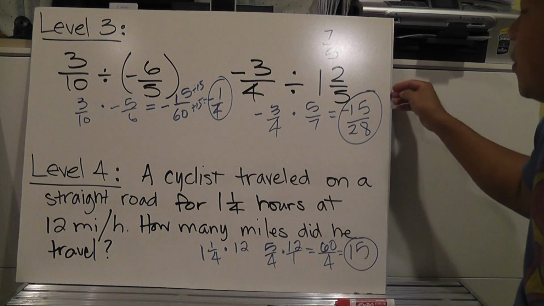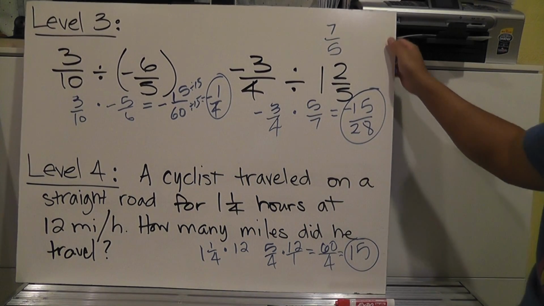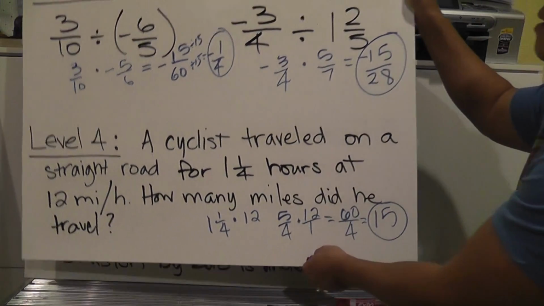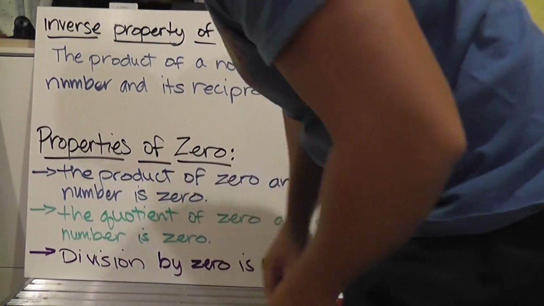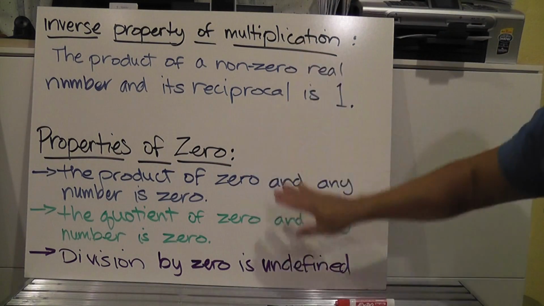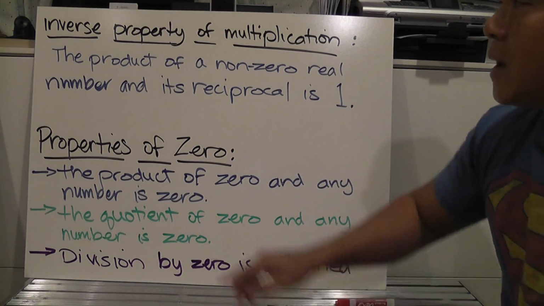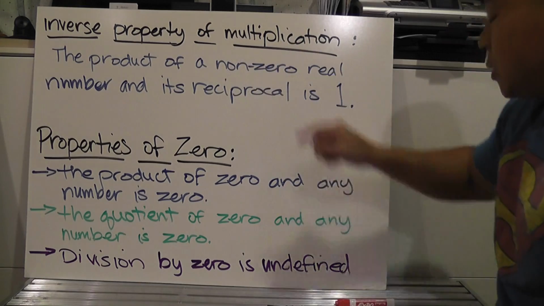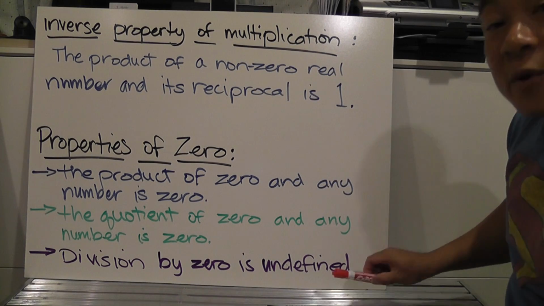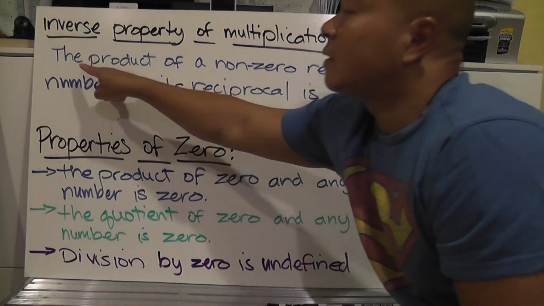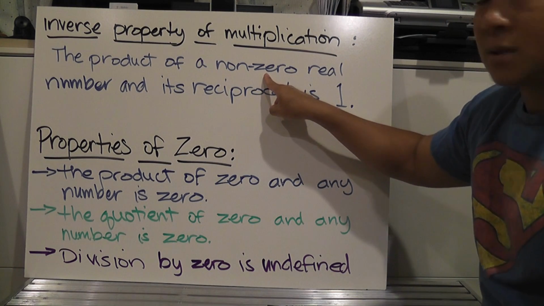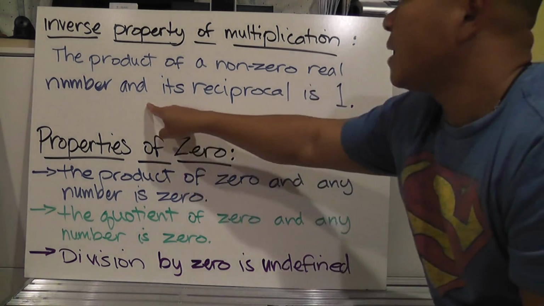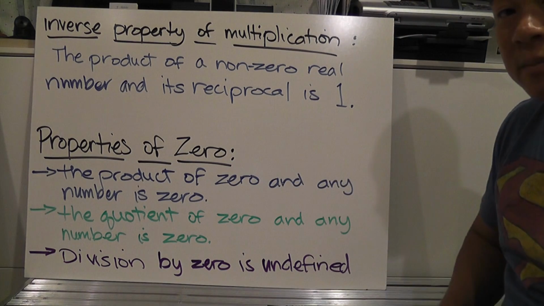Alright, so we've just gone through 4 levels of types of questions. There's one more thing I wanted you to look at, and that is the inverse property of multiplication. The inverse property of multiplication states that the product of a non-zero number, which means not a zero, and its reciprocal is 1.